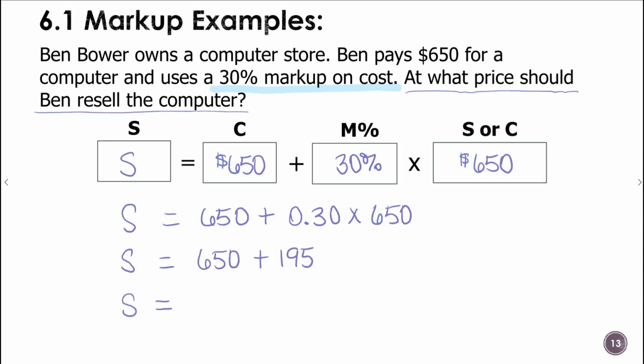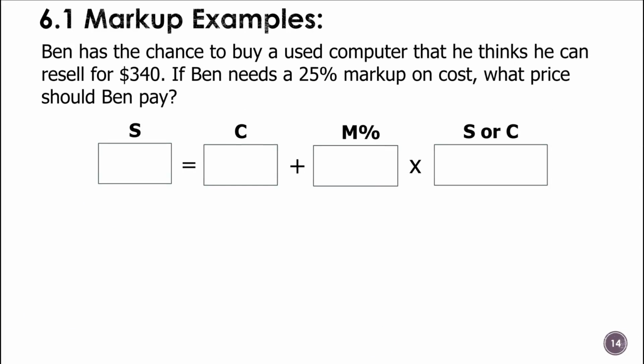So selling price is $845. And that's it, right? Set it up using the boxes. I suggest that you learn this formula and use it in a similar way to what I've been showing you on practice.